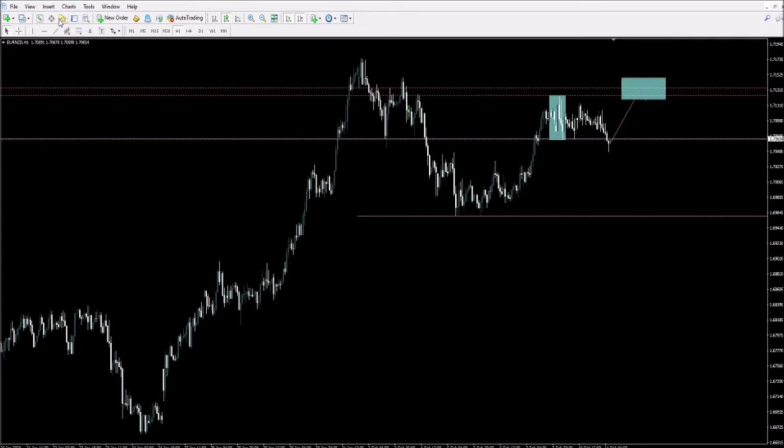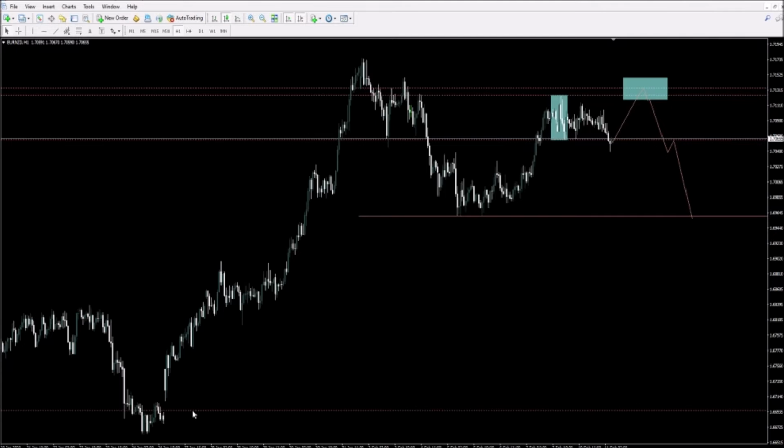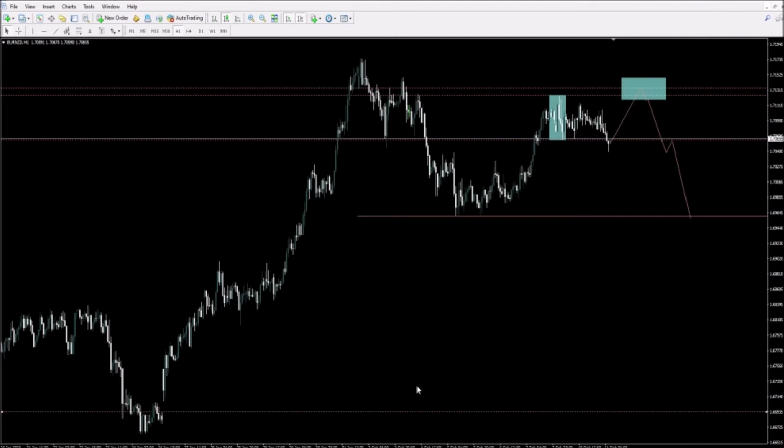If I miss that, I'm looking to get on board on a break and retest of Monday's low. Looking for here, but I hold trades to Friday, and we do have a little gap down here, but quite a way away, and we'll just play level to level.